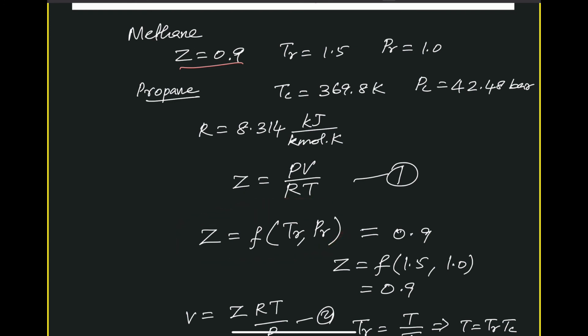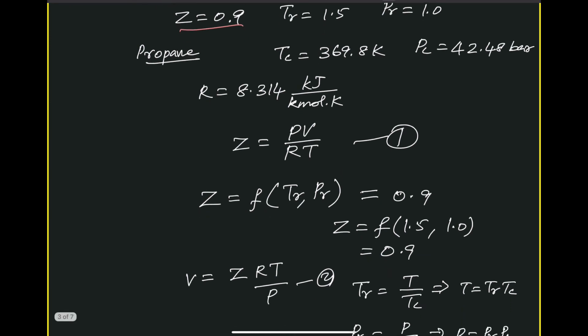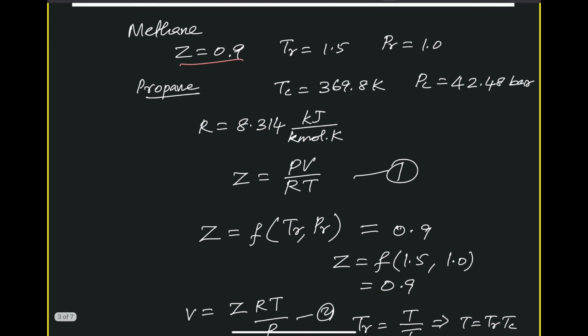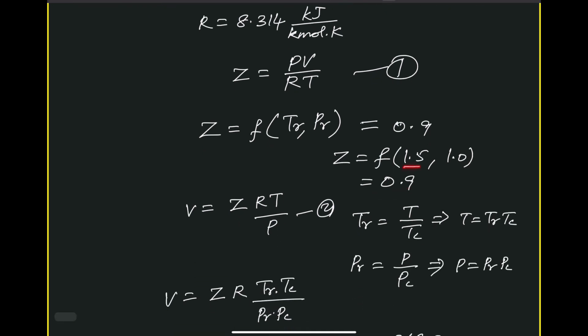Otherwise, for a given TR and PR, Z is a constant irrespective of the nature of the gas. Using that principle, we simply equate the Z of methane to that of propane. So Z is 0.9 for the TR of 1.5 and PR of 1. We are asked to find V, which is Z into RT by P, where T is TR TC and P is PR PC.